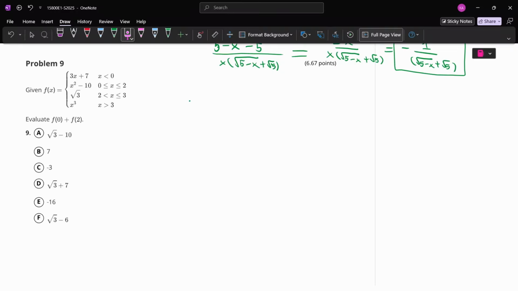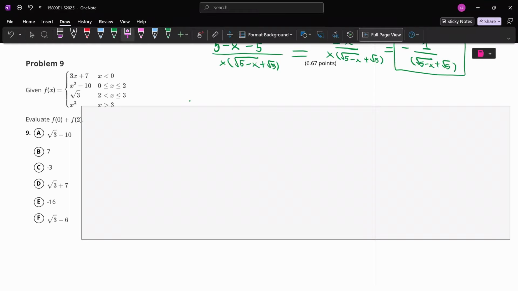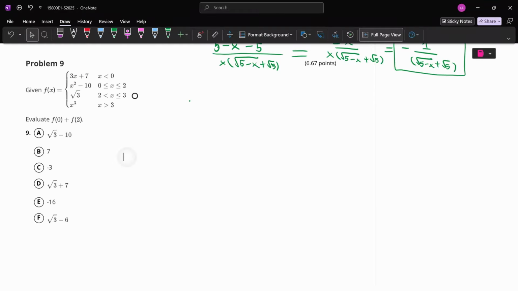And then on the flip side, you can see here it tells us that f of x is defined as the square root of 3 when x is greater than 2 and less than or equal to 3. So basically what this tells us is our process of substituting in a number for x and then simplifying is going to be the same, but the expression that we choose, of these four, is going to be different depending on what numbers we have.